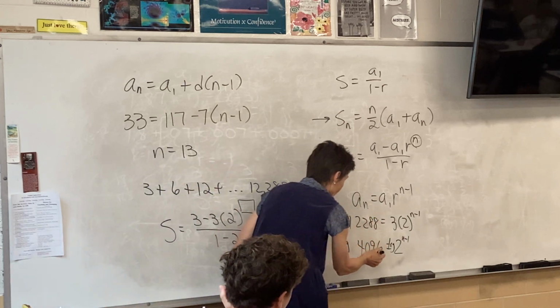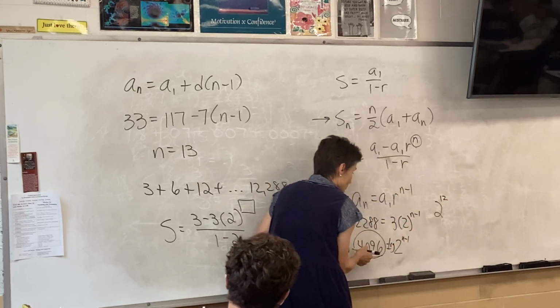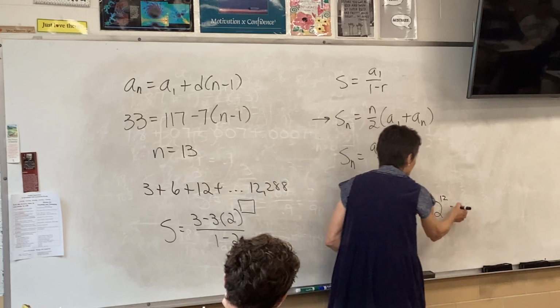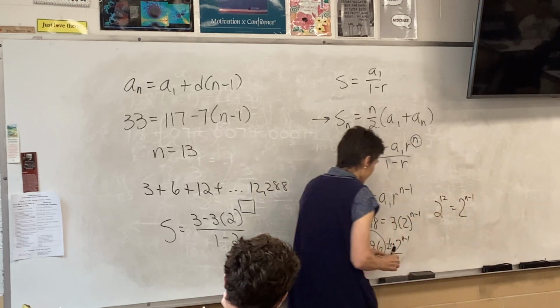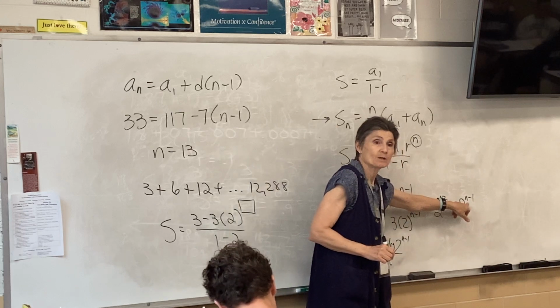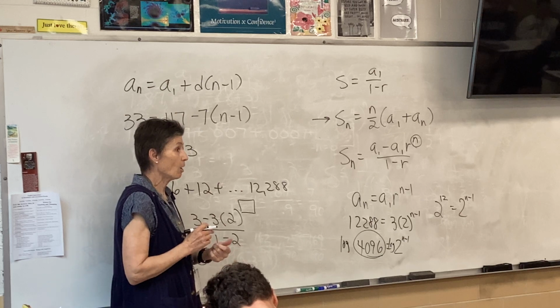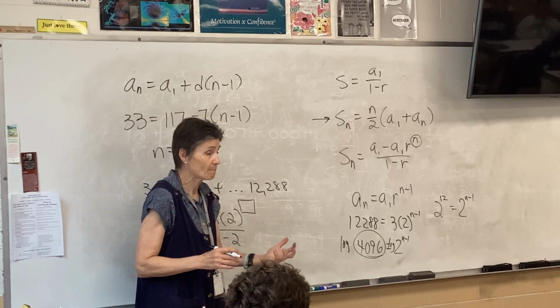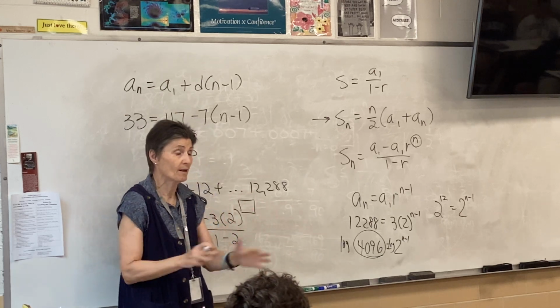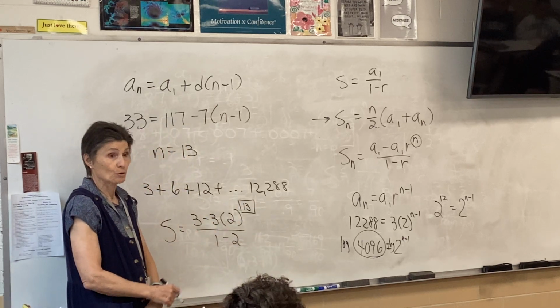So this number right here, 4096, is 2 to the 12th. If 2 to the 12th equals 2 to the n minus 1, then what does n have to be? 13. Now again, in some problems that might be quicker than logarithmic, in other problems that might not be, and it doesn't matter. One way or the other, you have to figure out that n is 13.